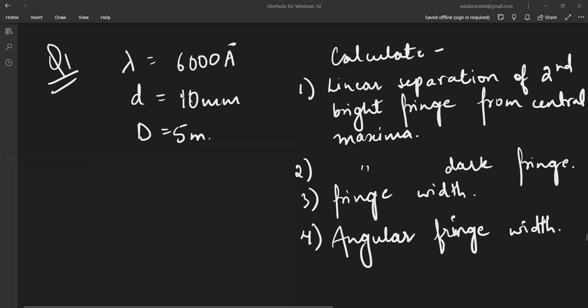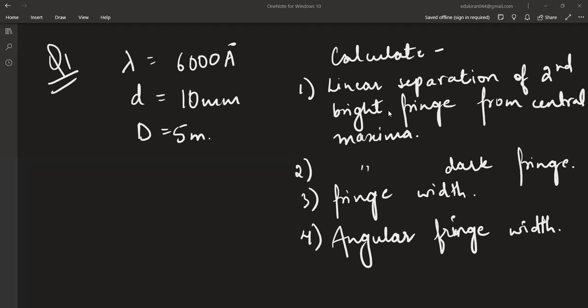Yes, class, answers. See, linear separation of second bright fringe from central maxima. What do we have to calculate here? Which variable, Shahid, do we want to find out? X, Y, phi? Which one?